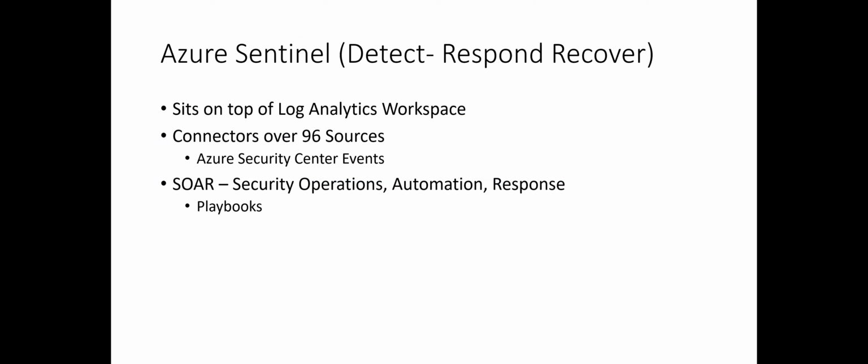architecture. And then Azure Sentinel, real quickly, sits on top of the log analytics workspace that we just talked about, has over 96 data sources, is very robust, and has SOAR, so you can create security playbooks with all your data, analyze the data, then do automation on the analysis and scripted responses.